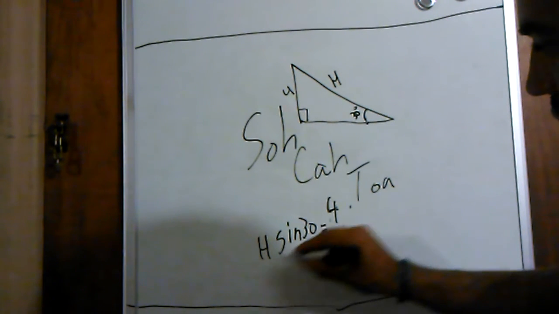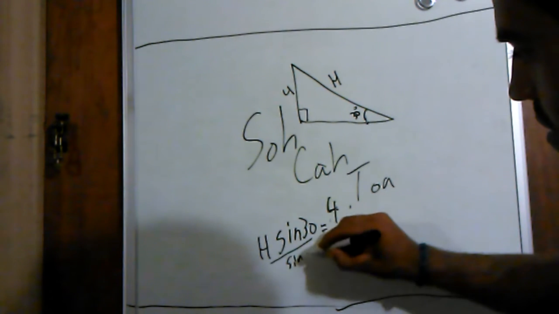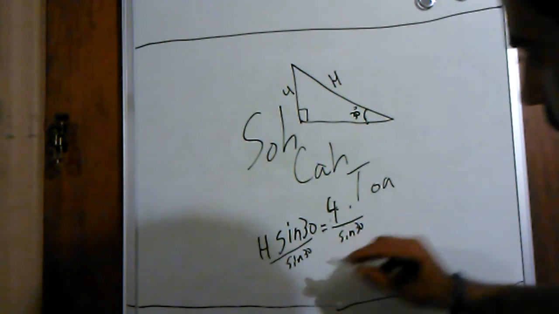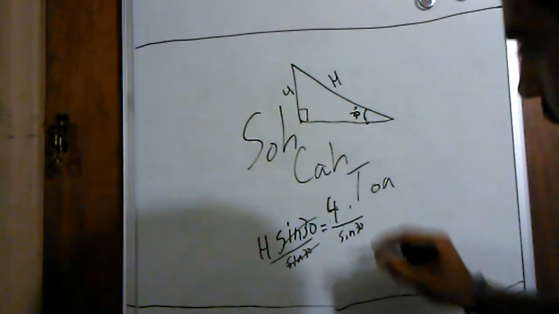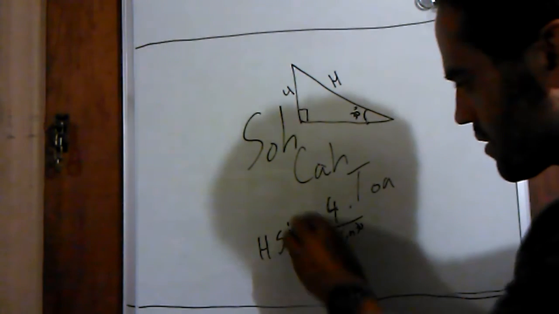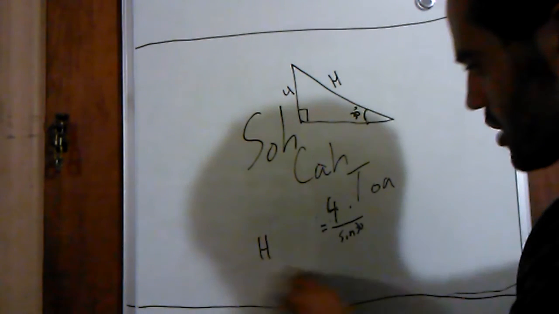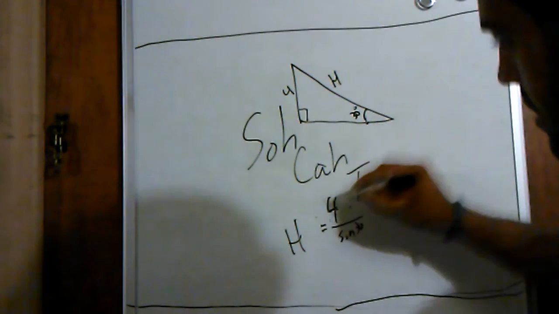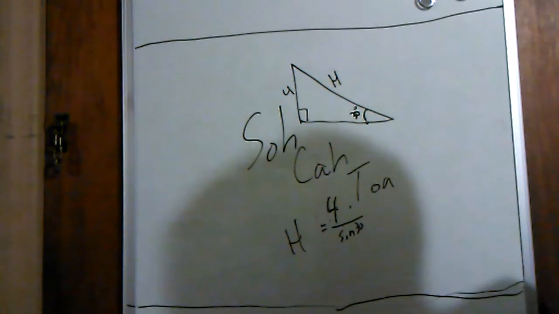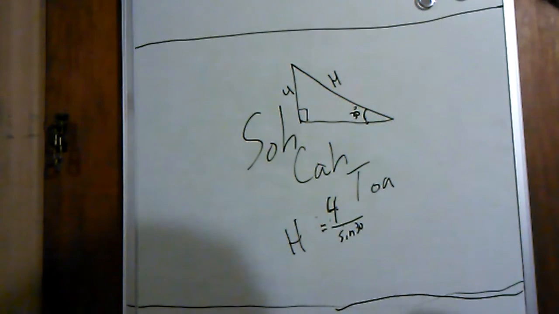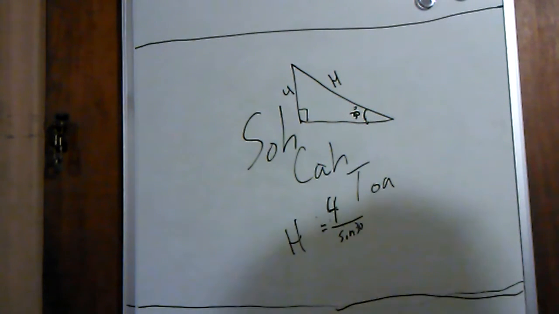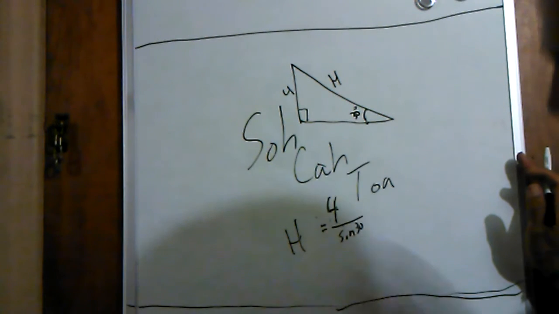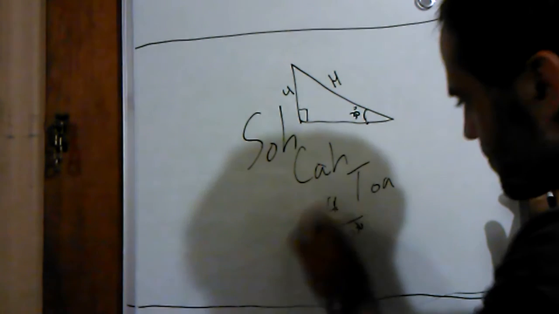Now you can divide this side by the sine of 30 and divide this side by the sine of 30. These will cancel. Now you get h, the length of the hypotenuse, equals 4 divided by whatever the sine of 30 happens to be. It'll be some decimal, just like if you were to take 4 and divide it by 7 or something. So there you go. That's a basic trig function.